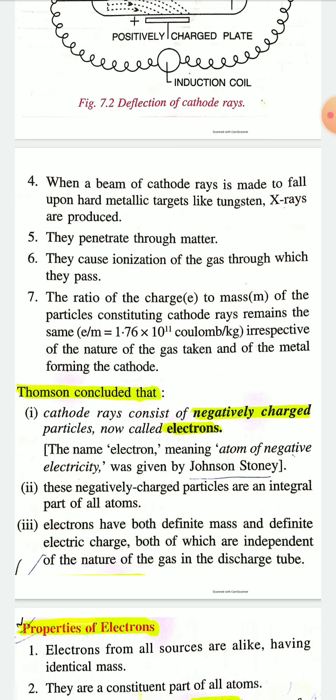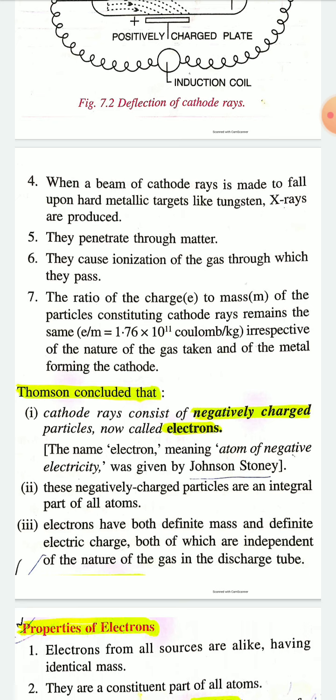From these properties, Thomson concluded that cathode rays consist of negatively charged particles, which are now called electrons. The name electron, meaning atom of negative electricity, was given by Johnstone Stoney.